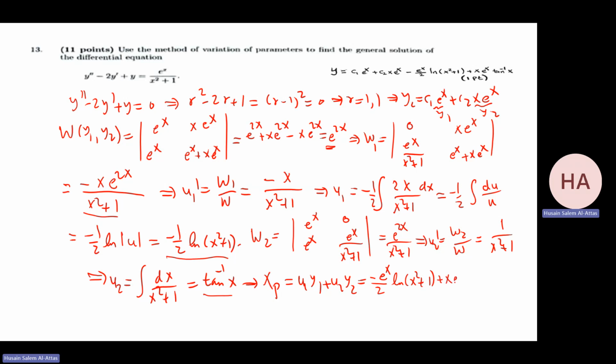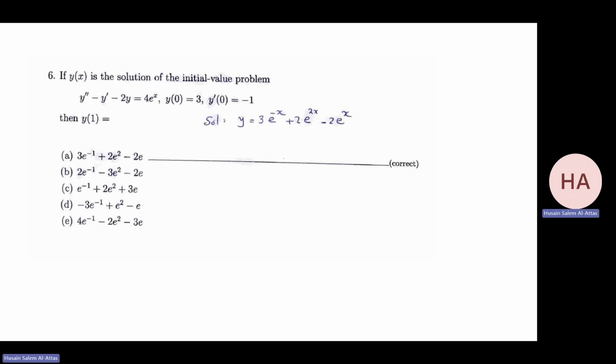So plus x e to x tan inverse of x. What is my general solution? Y equals yc plus yp. This is yc, and this is yp. So this is the answer. Exactly. Okay. If y makes a solution of this initial value problem, yeah, it's a little bit lengthy.